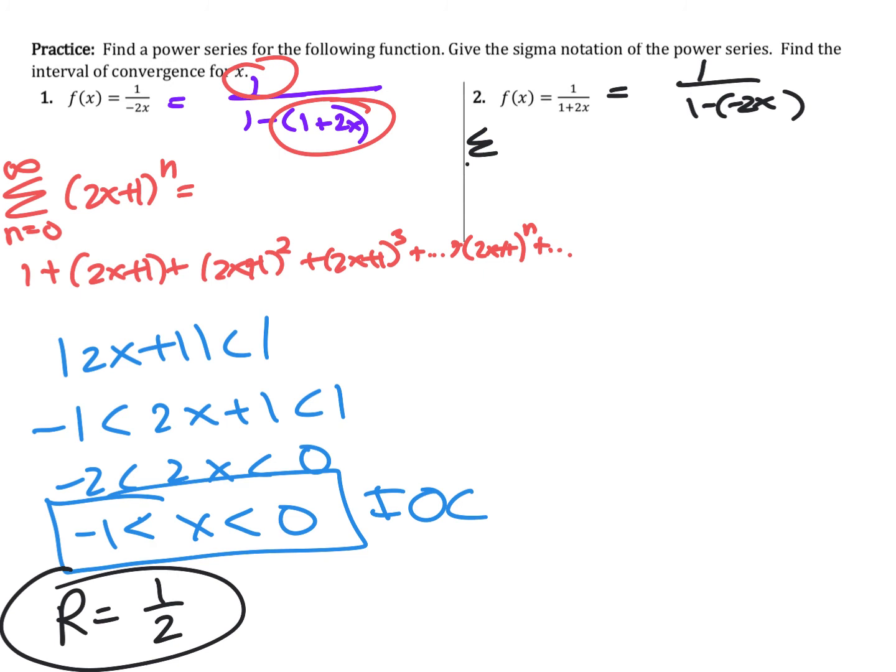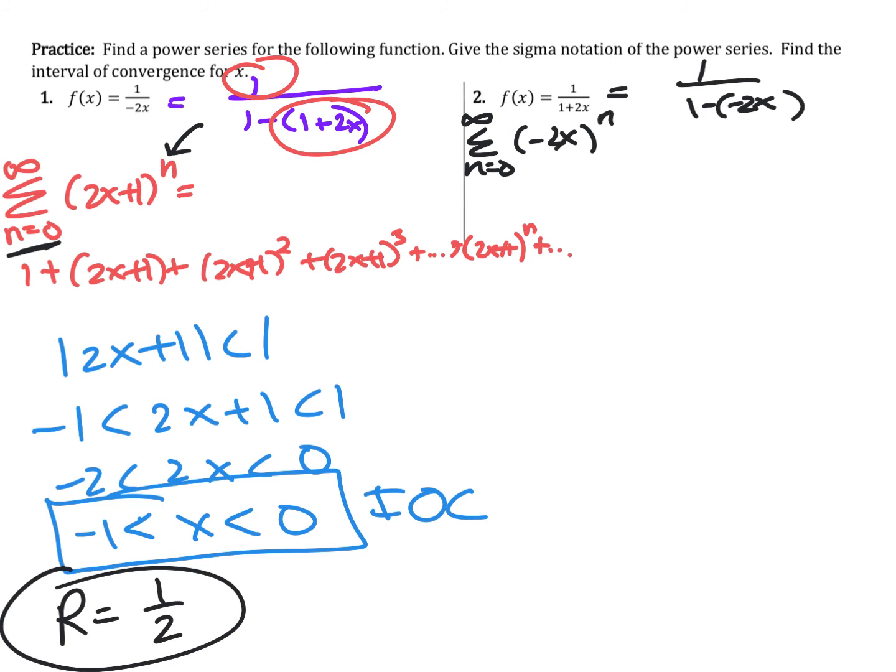So we could say the sum from n equals 0 to infinity, and I'm always starting with n equals 0 because I'm always going to have this be my power. I'm not going to have n plus 1 or n minus 1. If you want the index to start at 1, you're going to have to manipulate your exponent so that you get the first term being 1. I like to just start at n equals 0 so I can have this be 1, which in this case is my first term.